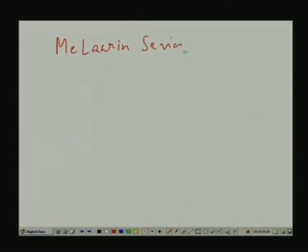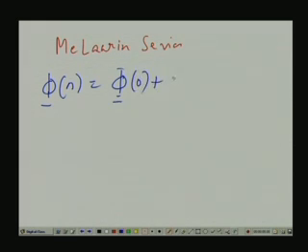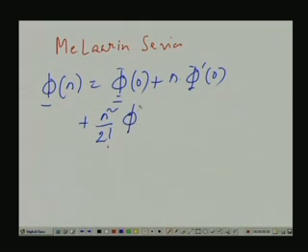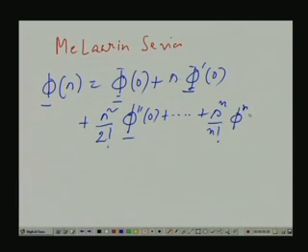You can expand phi underscore s as phi underscore 0, then s into phi prime 0, then s square by factorial 2 into phi double prime 0, dot dot dot, s to the power n by factorial n into the nth order derivative, plus dot dot dot.